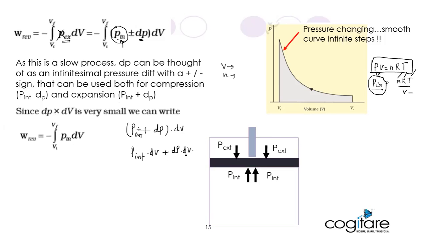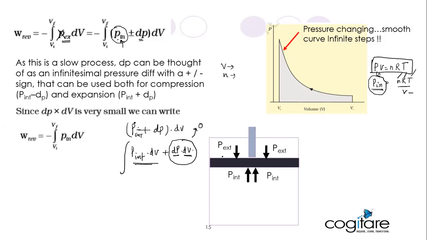First of all, this volumetric change that is happening because you are adding one grain of sand is small, and the pressure change is also small. This small quantity into this small quantity is going to be near zero, so I will ignore it. Once you ignore it, this is what remains. This one I will integrate.